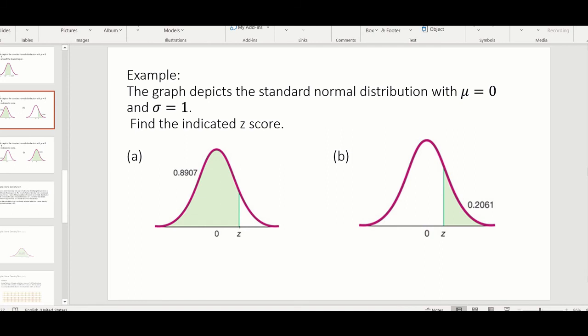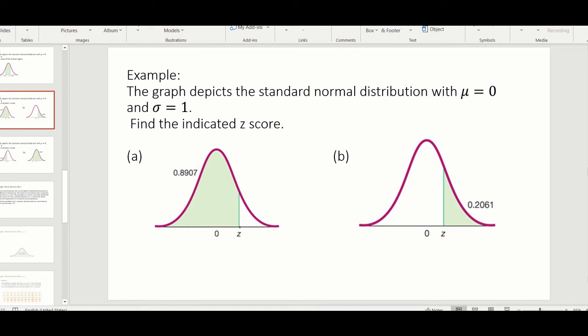Okay, so what we have done so far is giving you a z-score, you find the area, or we can say probability, related to that z-score. What if we're given an area and we want to find the corresponding z-score? Let's look at this example.